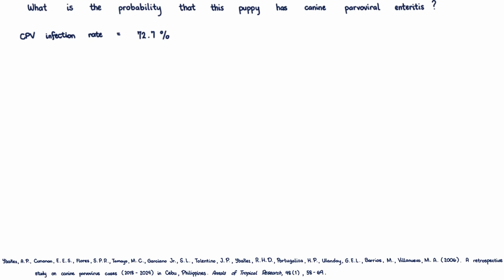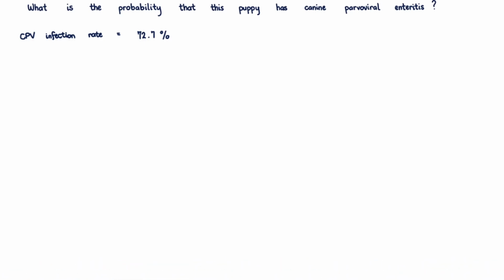Dogs that present to clinics in your area with these clinical signs have a CPV infection rate of 72.7%. The source is from this reference. But realistically, you would have a rough estimate based on your clinical experience. We're just using this number for our calculations. So anyway, this will be our pretest probability. If you convert that to odds, that's 727 is to 273.